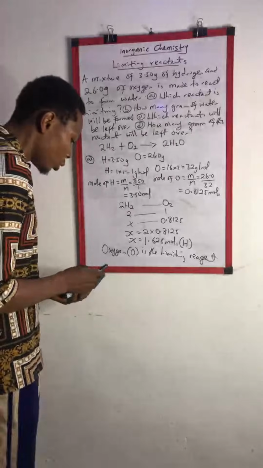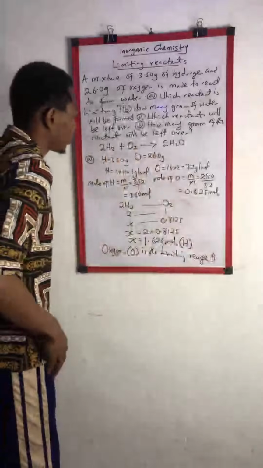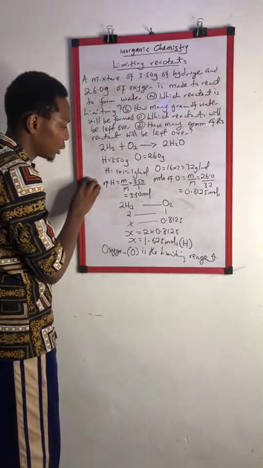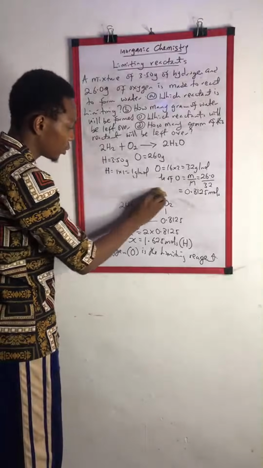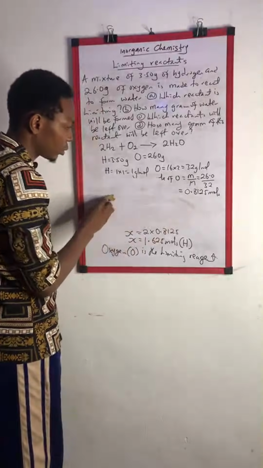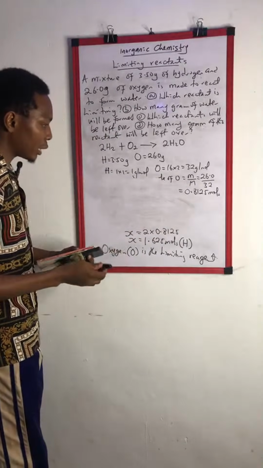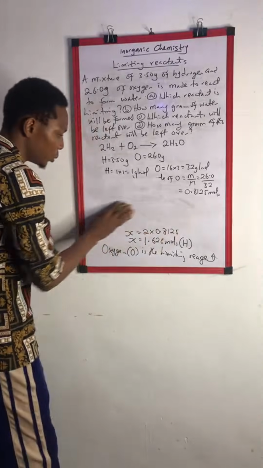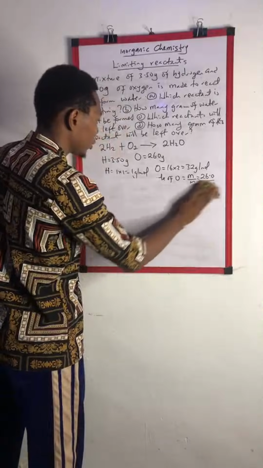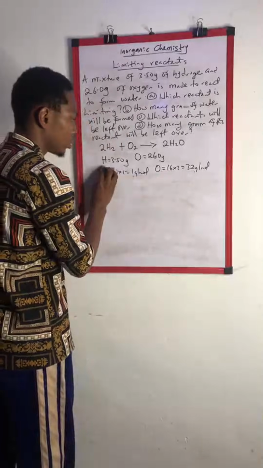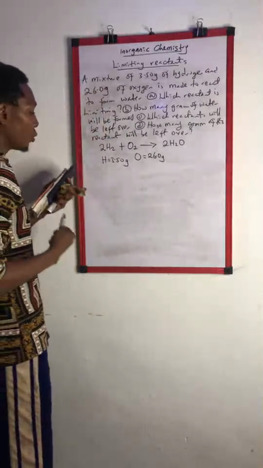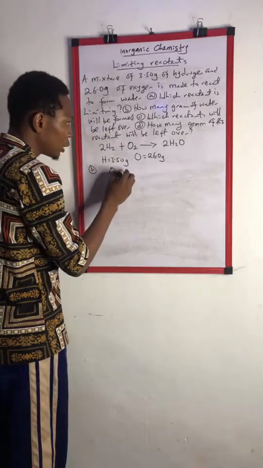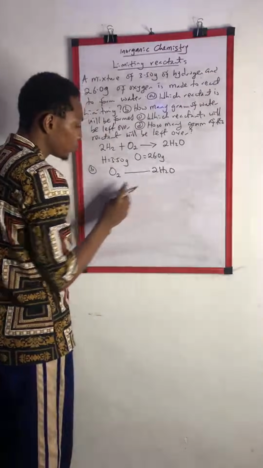Okay, so for the B part, which is number 2, we are working with O2 and 2H2O.